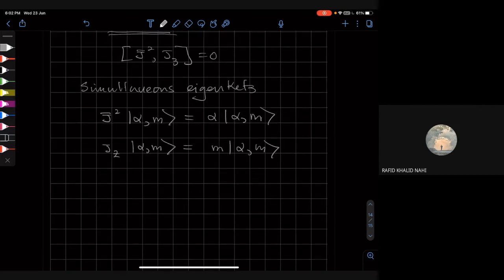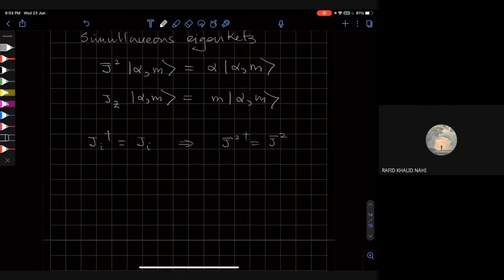Because these are all physical observables, we assume that these are all Hermitian, right? If all the components of J are Hermitian, that means that J squared is also Hermitian. But for the sake of analysis, it's very useful to introduce some non-Hermitian operators. Let us define them.